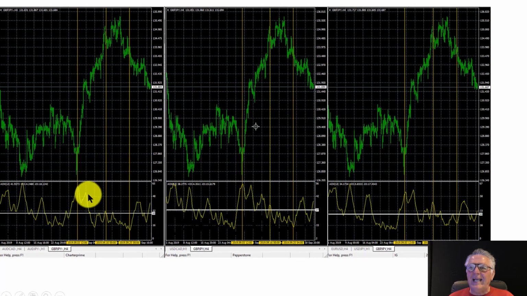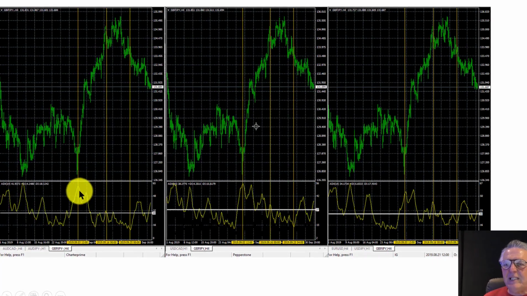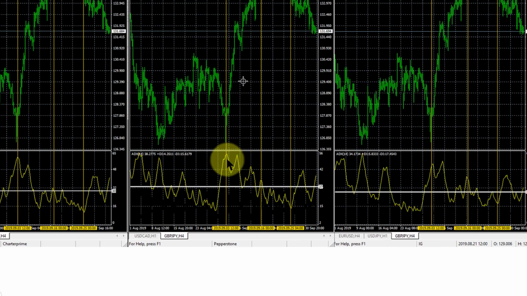But just looking at the ADX indicator, you can actually see the format is considerably different from broker to broker. What I've also done is I've done 3 reference lines, and I've taken the readings on those reference lines, and I'll show those differences to you.